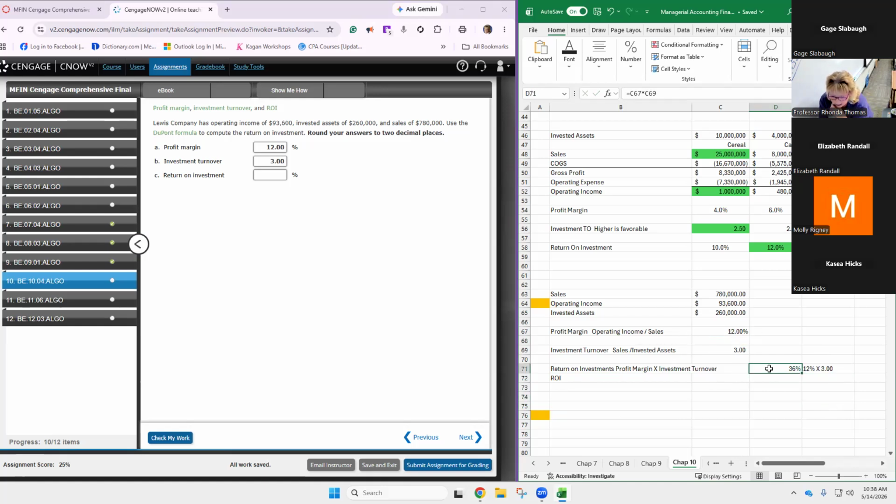So you got to find these before you can find this one. I don't know about you, but with this profit margin, you could kind of see this investment turnover as a multiplier, because what was just 12 now turns into 3 times that much, right, of return on investment. All right, so we're just practicing doing this because a lot of cost accounting is analysis, right?